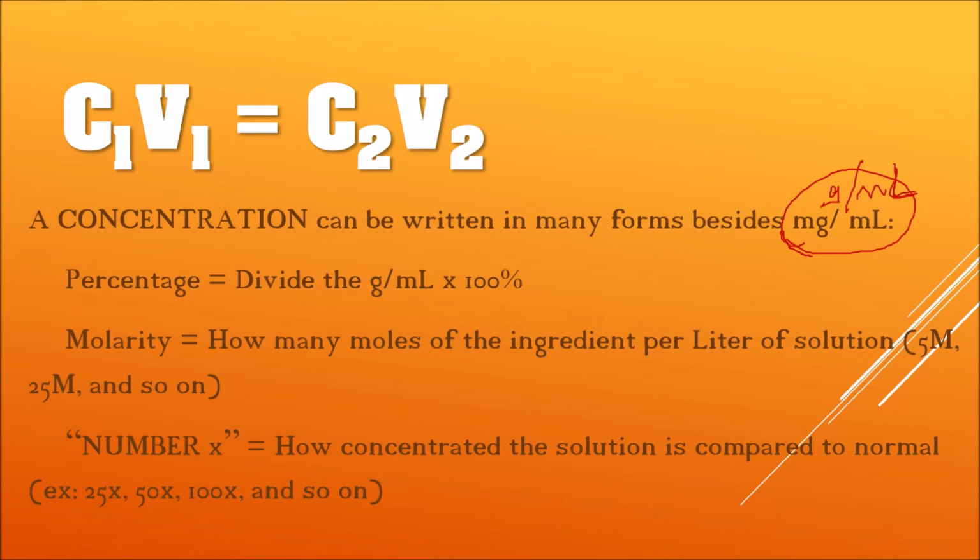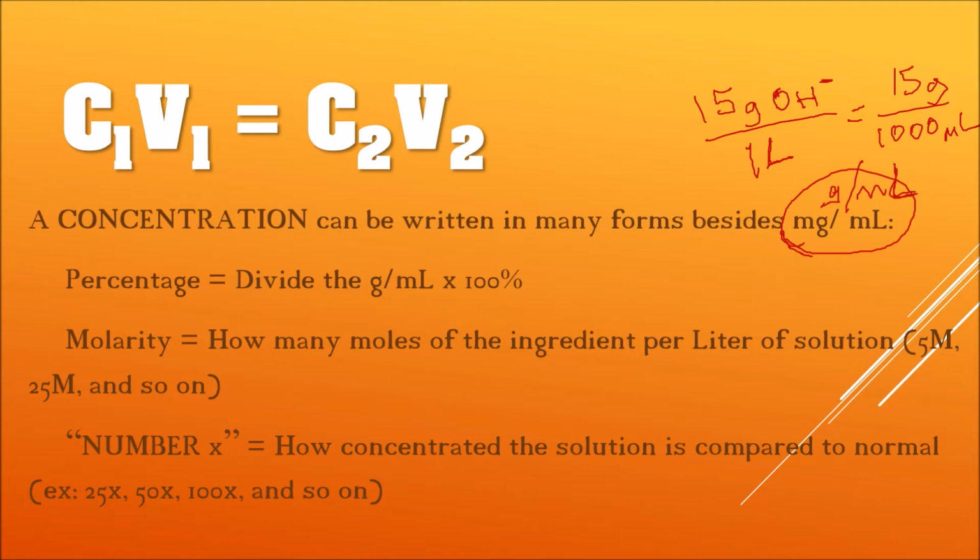So we could have 15 grams of hydroxide. I don't know if this is a real thing, I'm just pulling things out of the air. Over 1 liter. So that would be a concentration. Or you could write it in milliliters, 15 grams over 1,000 milliliters. That's how we were writing them in the previous video.